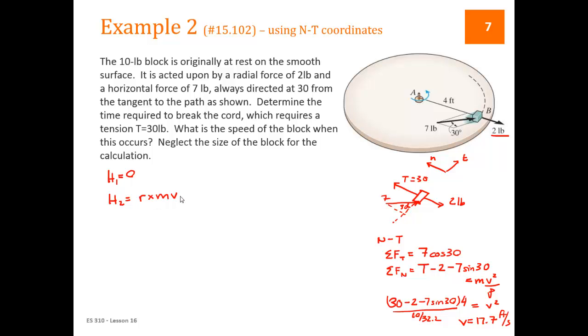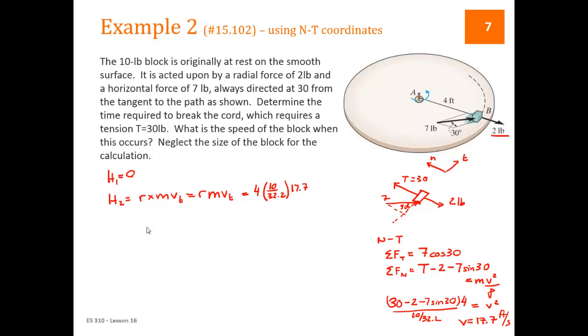R crossed with v tangential, we can get rid of the cross, so it's r m v t. vt is what we just found, 17.7 feet per second, because the speed is in the tangential direction. So we get r, which is 4, mass, which is 10 over 32.2, times 17.7.